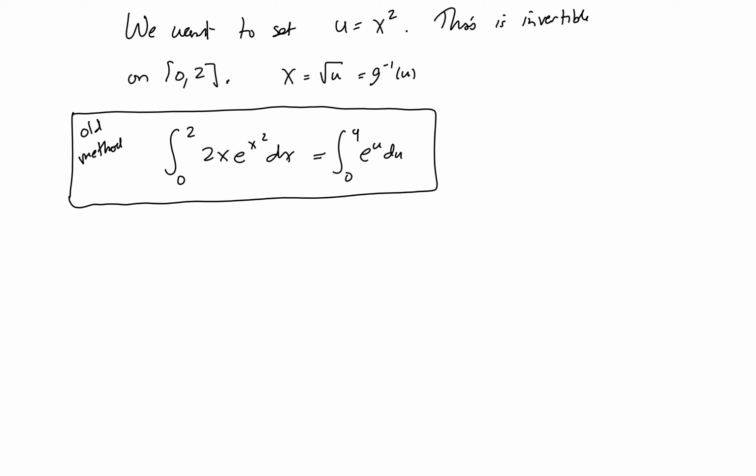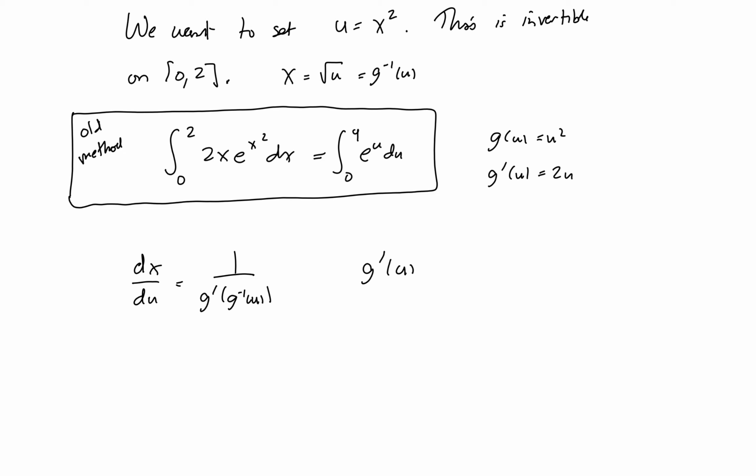Well, let's think about what our derivative is. So we know that dx du, well, this is 1 over g prime of g inverse of u. So if we think of that, remember g of u here is just given by the square. So g of u would be u squared. So g prime of u would be 2u.